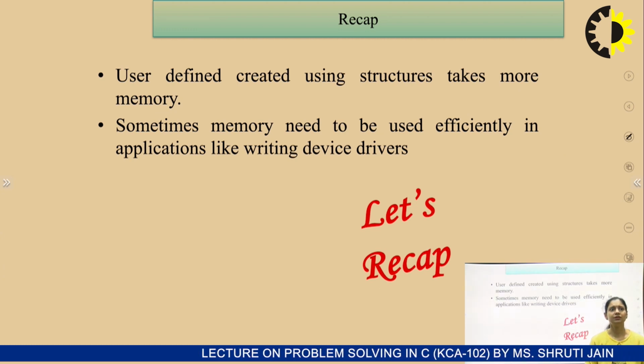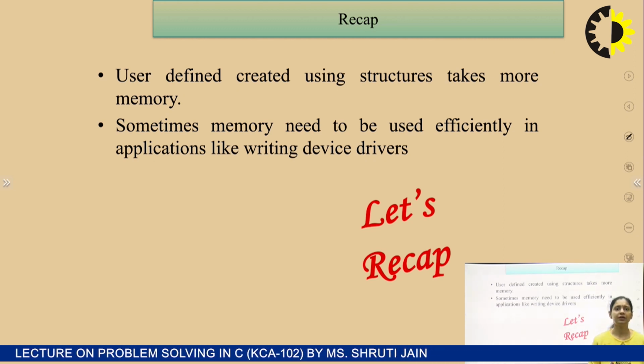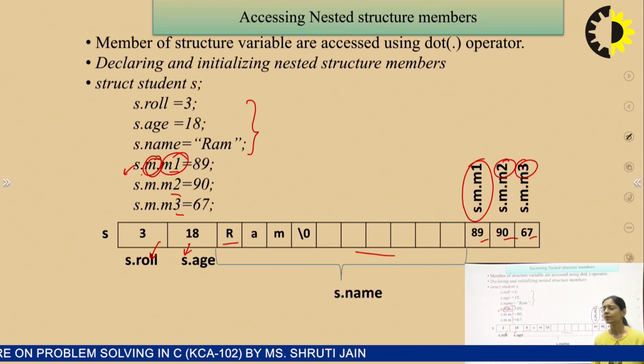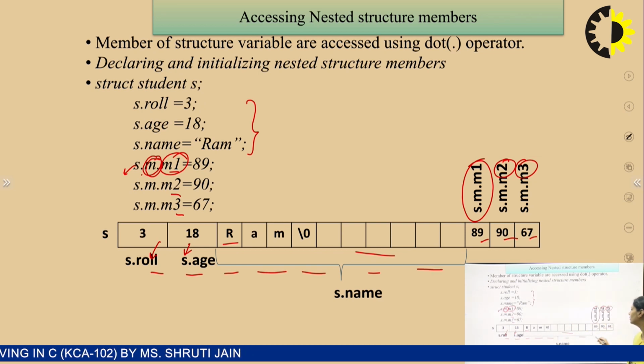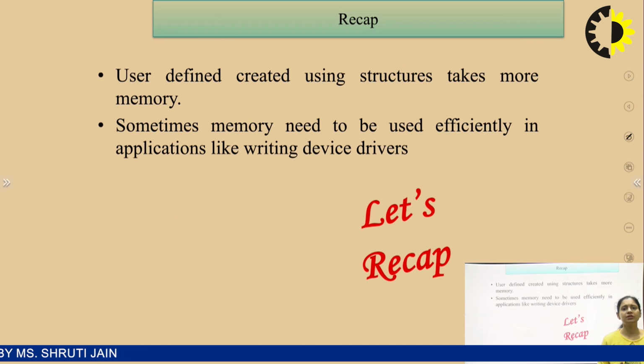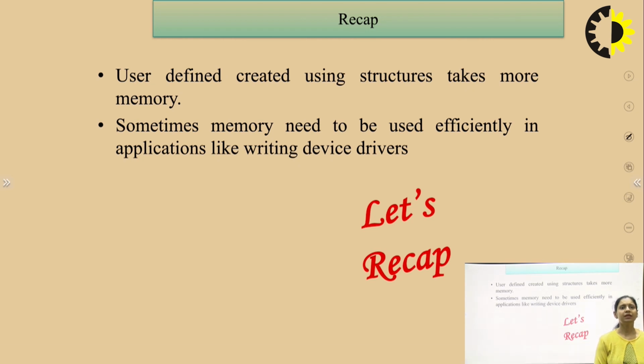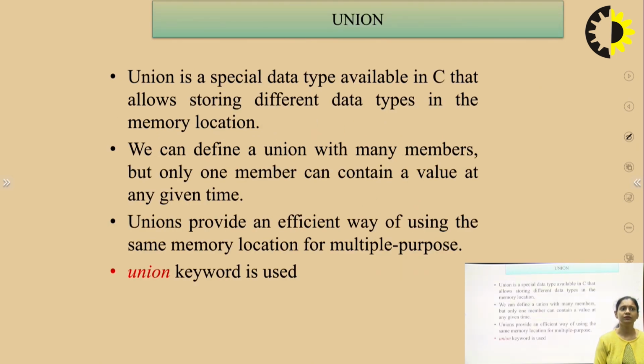Structures are user defined and they take more memory, because if we look over here, the memory allocation is for each separate member. But in union, that is not the case. Unions are mostly used to reduce the memory space that we are allocating in the structures. Sometimes memory needs to be used efficiently in applications like writing device drivers. That is why we have the concept of union.